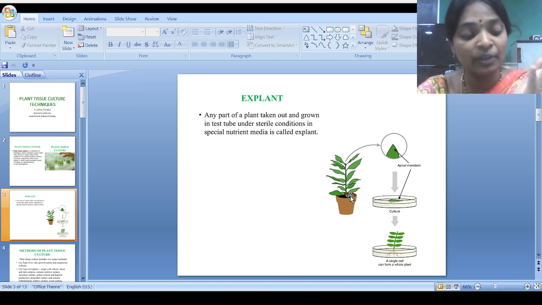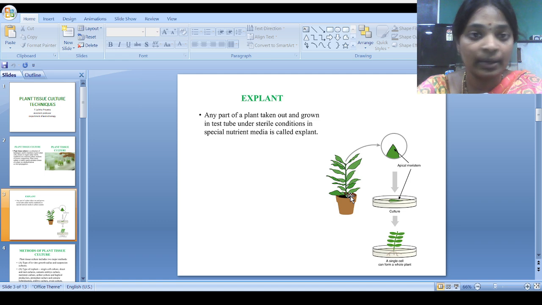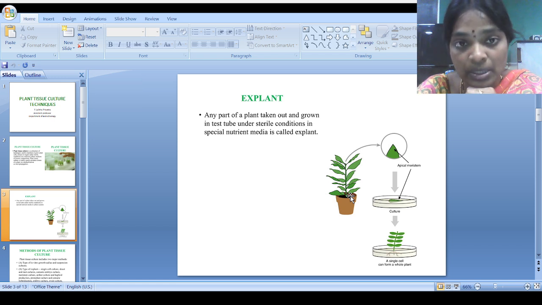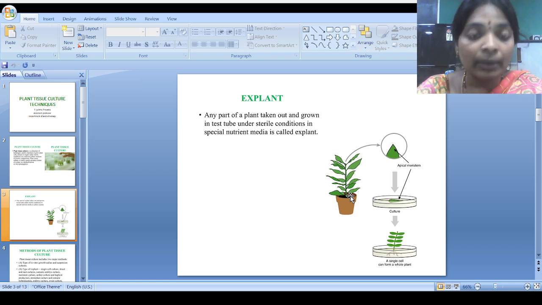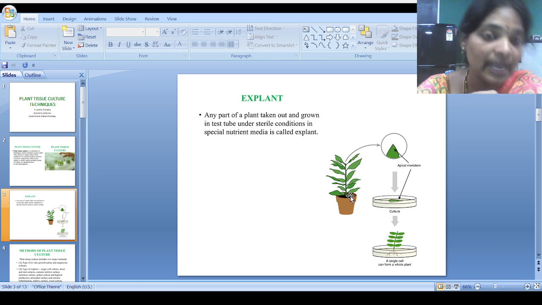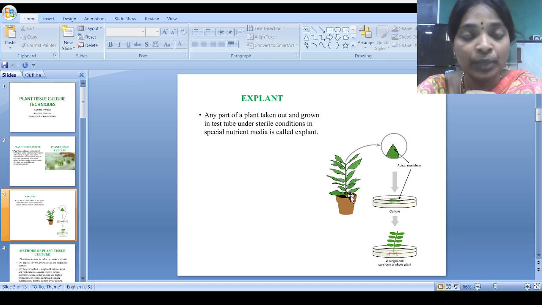For example, if I dissect any kind of cell or tissue from my hand and place it on a media, it can't be propagated, right? This does not happen with higher organisms like human beings. But a plant has the capacity to develop into a plantlet. So this is called an explant.